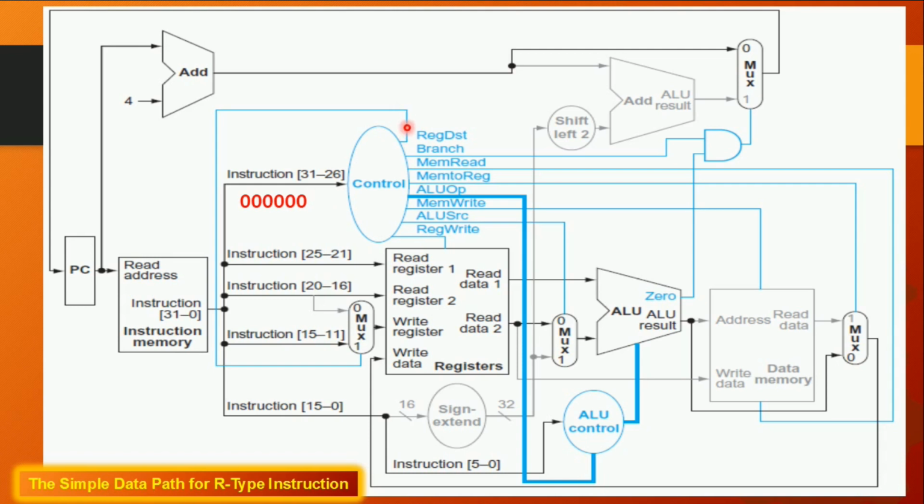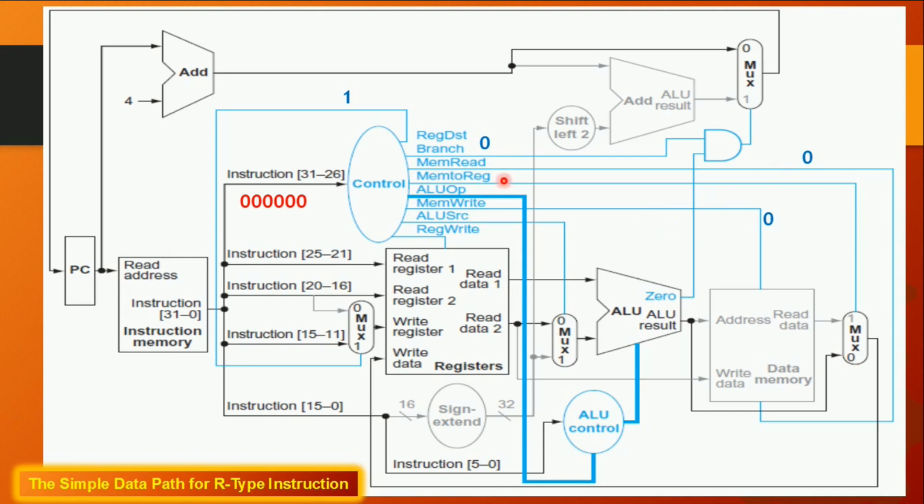Here it is an R-type instruction, so I have the destination register as RD. The RegDst control signal will be asserted, so that RD will be chosen as the destination register. Since it is an R-type instruction, the branch signal will be deasserted. Here I am not going to read or write any data from memory, so memory read as well as memory write will be deasserted.